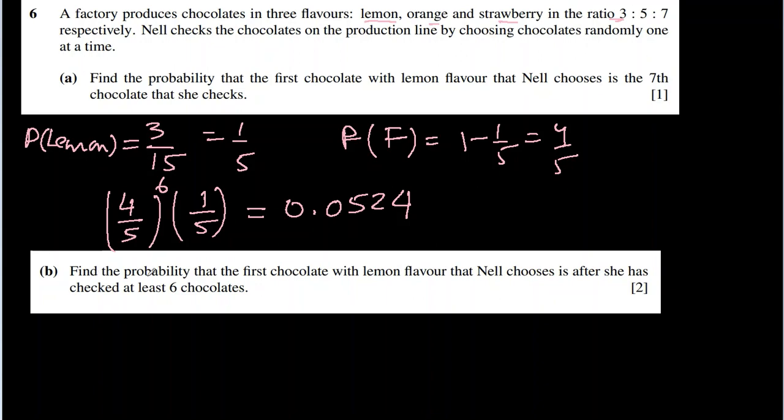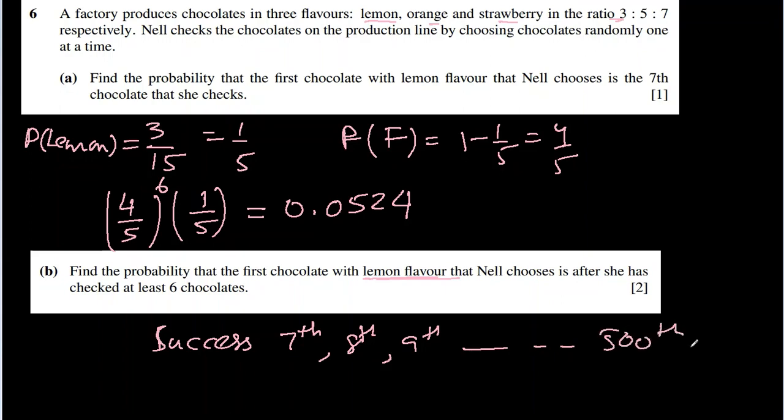B part. Find the probability that the first chocolate with lemon flavor that Nell chooses is after she had checked at least 6 chocolate. She has checked 6 chocolate. That means the success of getting a lemon flavor is 7th onwards. It could be 7th, it could be 8th, it could be 9th, it could be 500th, or so on.